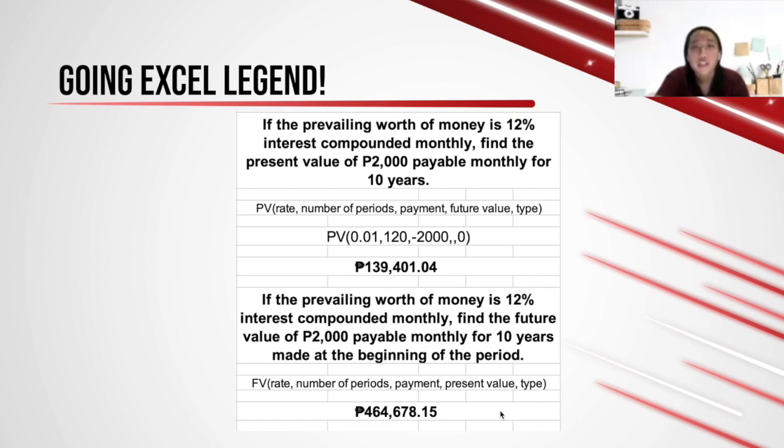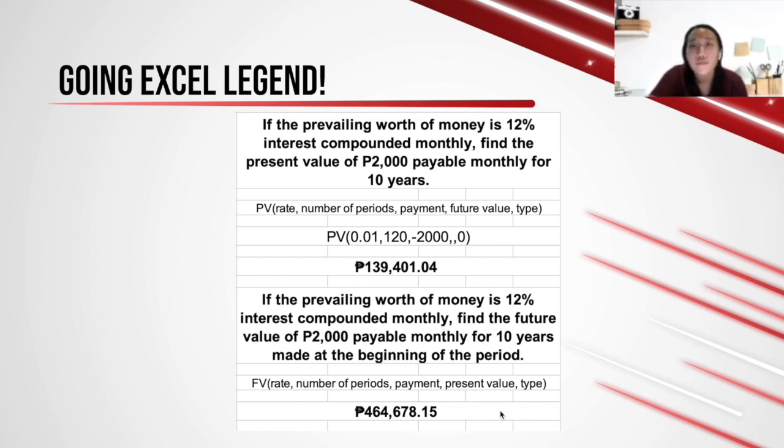So the rate is 12% over 12, which gives us 0.01 because i is equal to j over m. Number of periods, 10 times 12 because it is compounded monthly, so 120. And since we are paying 2,000 pesos, we have to put negative 2,000.